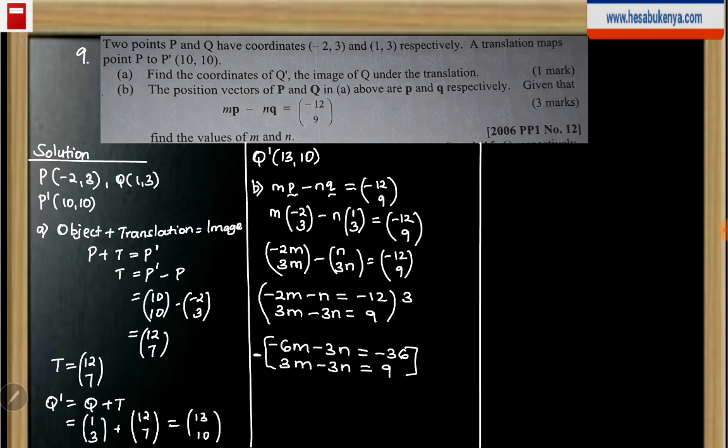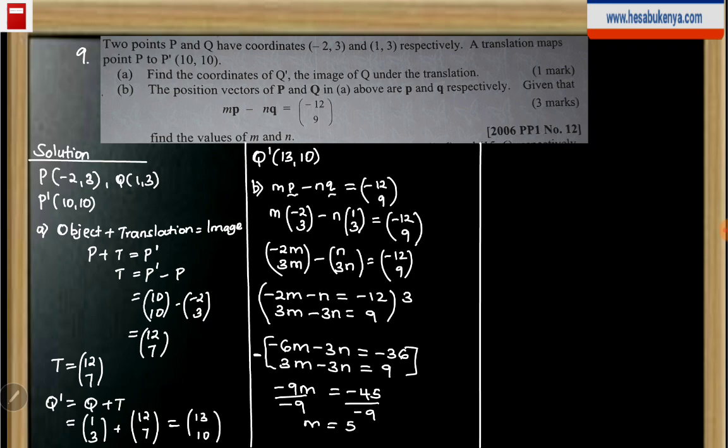So negative 6M minus 3M is negative 9M. Then negative 3N minus negative 3N is 0, which is equal to negative 36 minus 9, which is negative 45. So to get the value of M, we divide both sides by negative 9. So we get M is equal to 5.